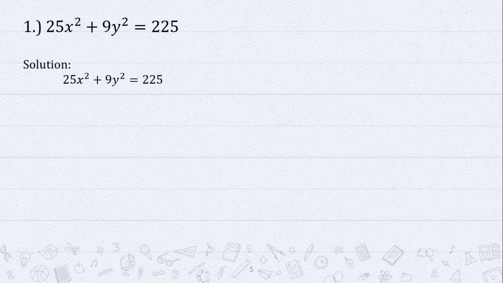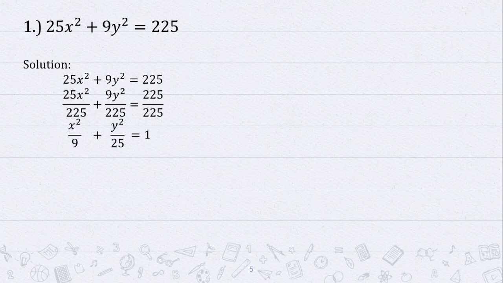Recall that the right side of the standard form of an ellipse is equal to 1. That means to say we have to divide all terms by 225. Our right side is now 1. Recall also that our numerators in the standard form should also be x squared and y squared. Therefore, in the first term, we have to divide both numerator and denominator by 25 and the second term by 9.